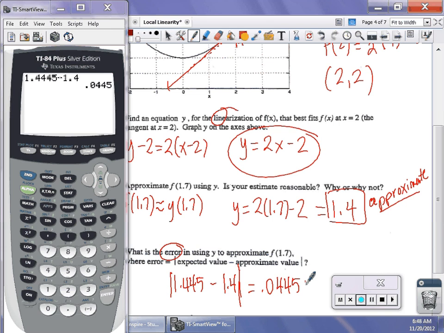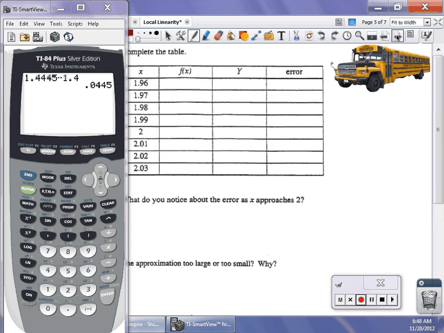Now, if you go to your table, and that's kind of the next thing that they're going to ask us to do, is they want us to actually look at approximating y values very close to 2. So in this column, the f of x, this is the actual function. That would be the parabola. And this y is the tangent line.